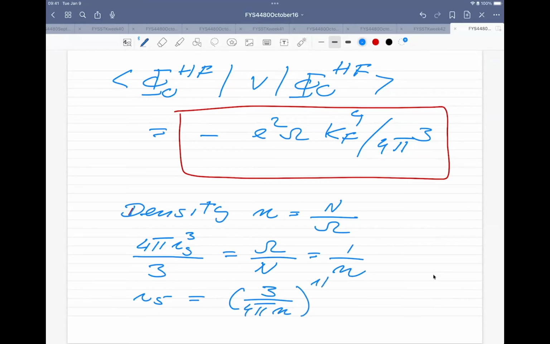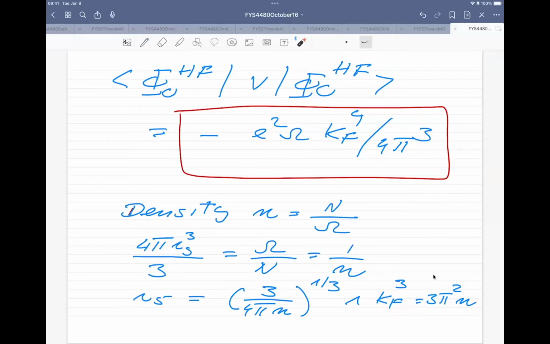And then what we also have is that the Fermi momentum cubed is given by 3 pi squared times n. These were quantities which we derived last week, I'm just reminding you of them now. And that means that I can now rewrite this energy which you see here in terms of the Fermi momentum and the density.